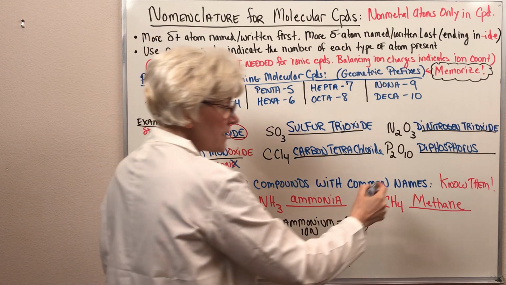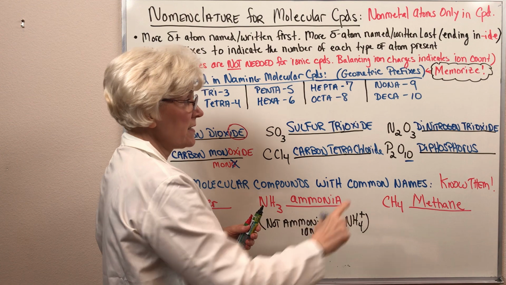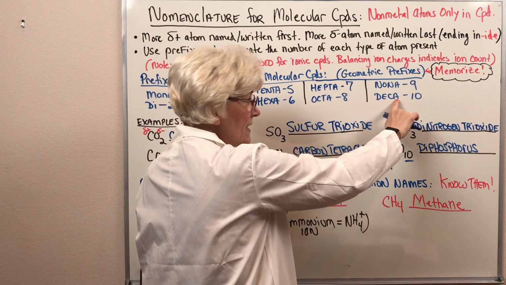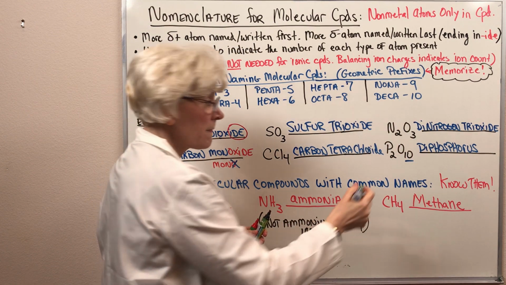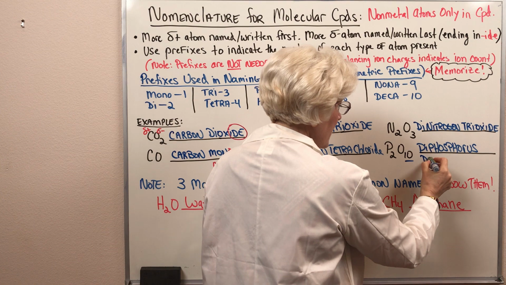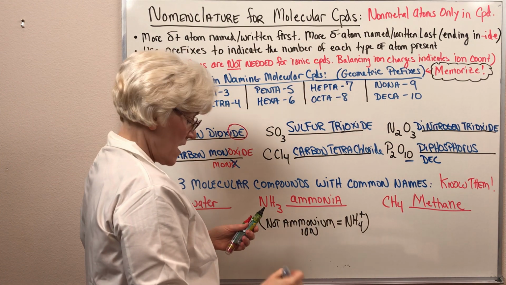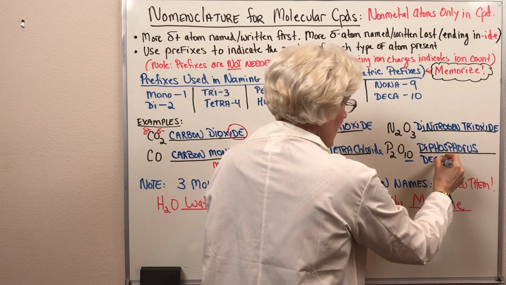So diphosphorus, I see that there are 10 oxygens, so I know I need the prefix 10, but that A in deca juxtaposed with the O in oxygen is not common in the English language. So we drop that A off of the deca when we are naming this compound.